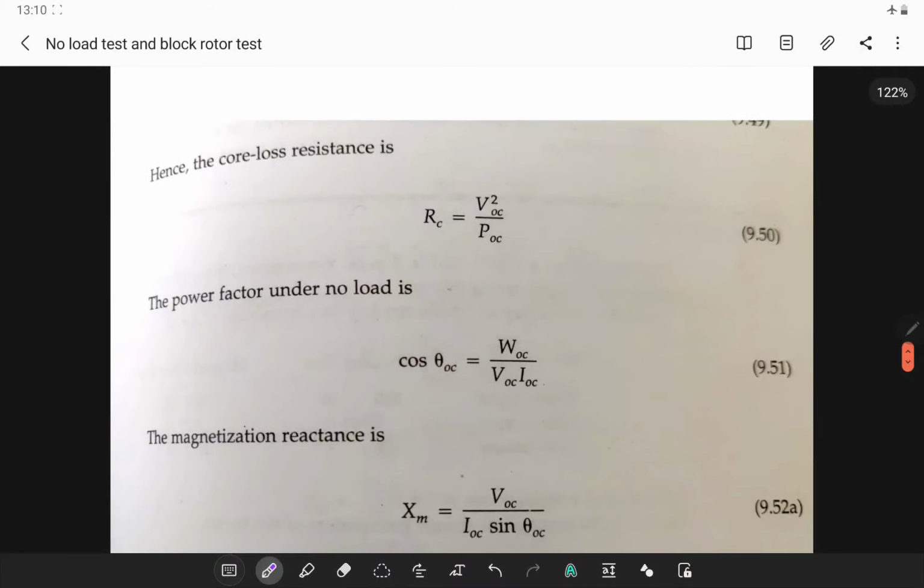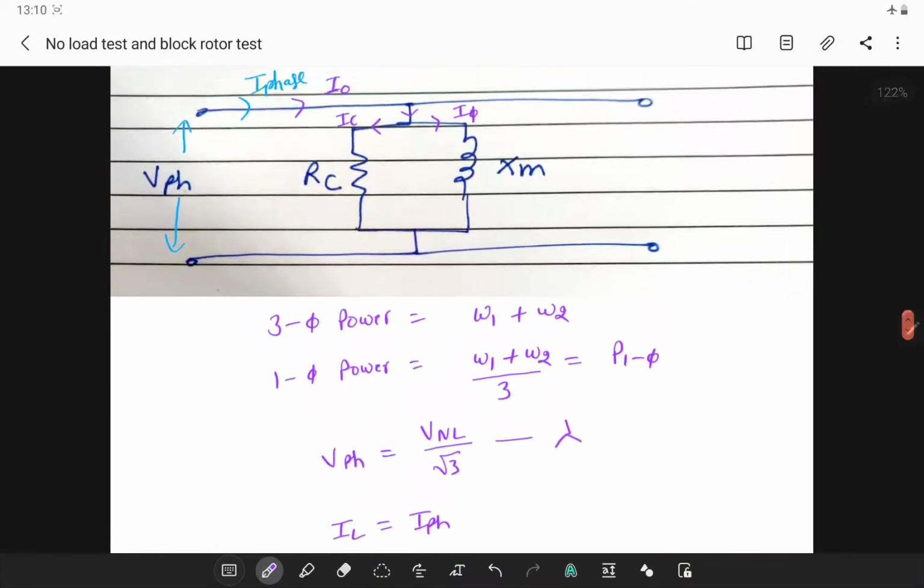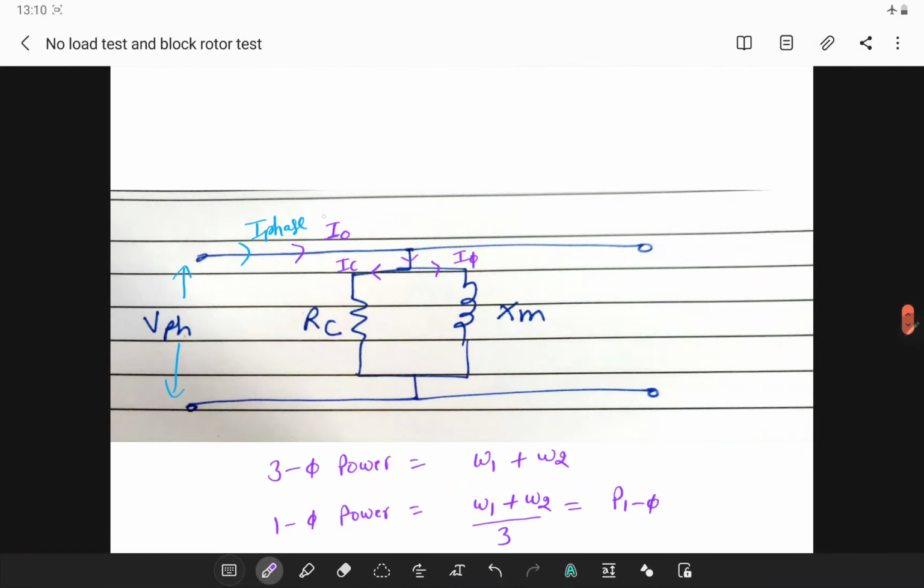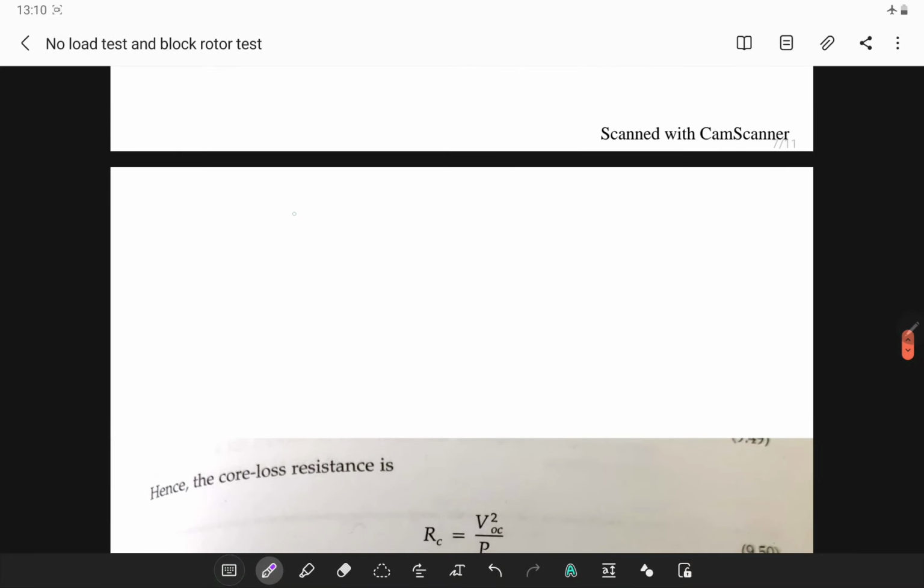Now, you can see the total current, that is I naught, is divided into two parts, that is IC and I phi. So I can say the core loss will be IC square into RC.